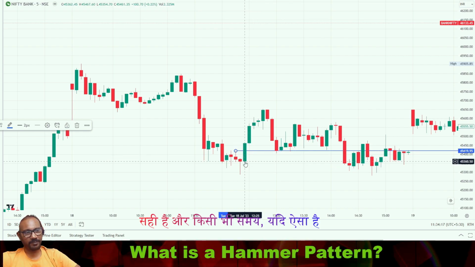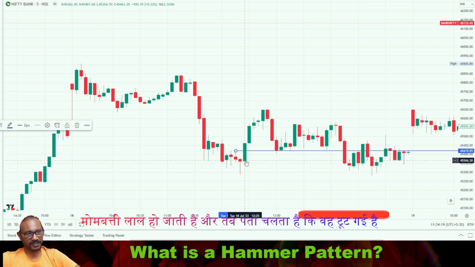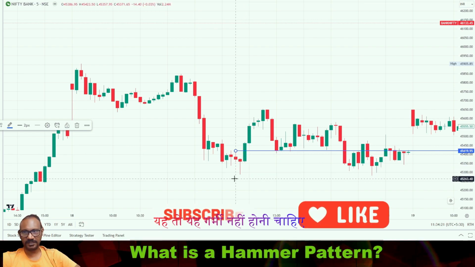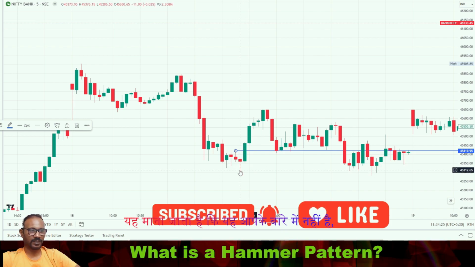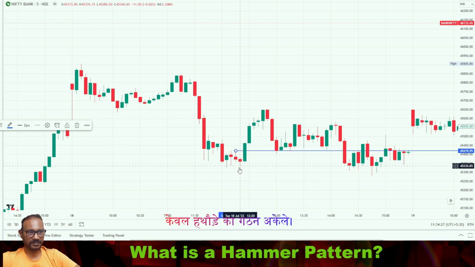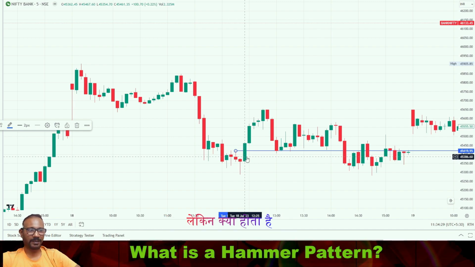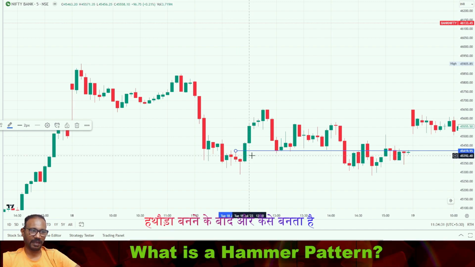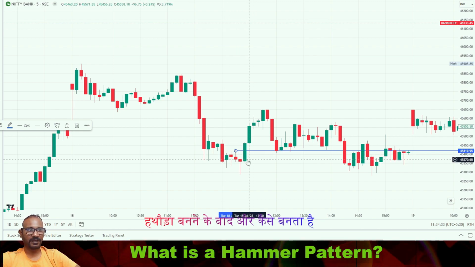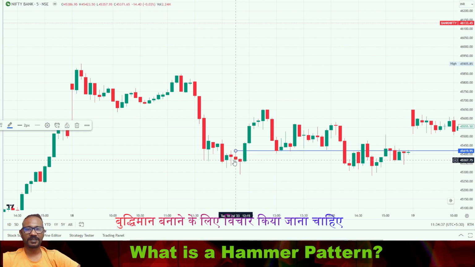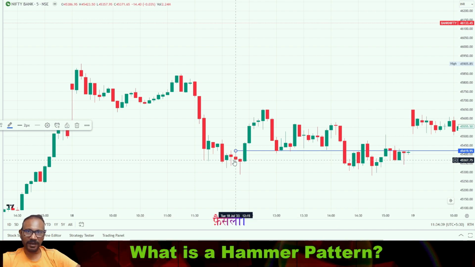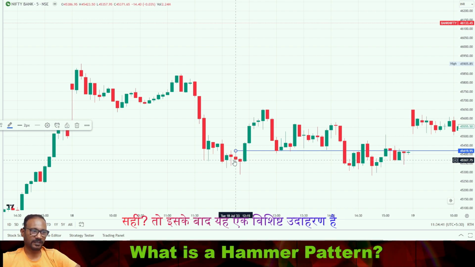And at any point in time, if this candle turns red and then breaks this, then this hammer should not be considered. It's not about just the hammer formation alone, but what happens after the hammer is formed and how does it correlate with the previous candles is also to be considered in order to make a wise decision, right?